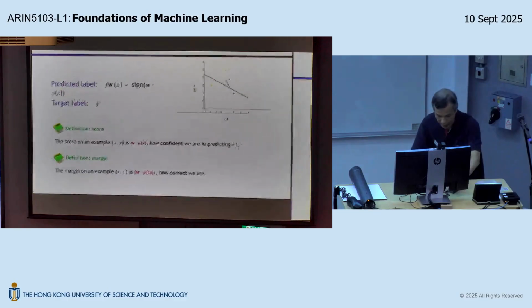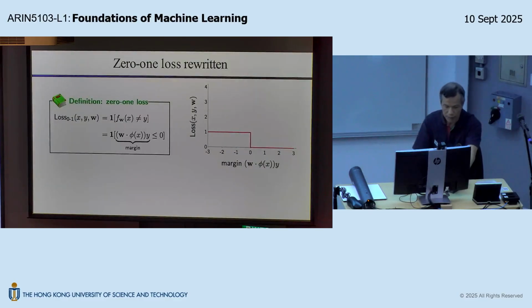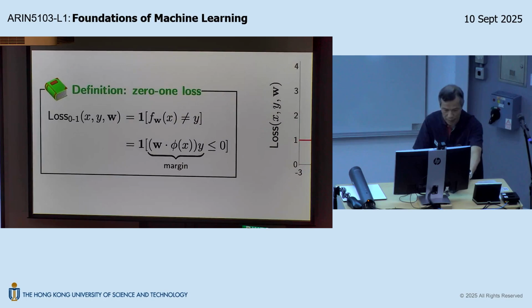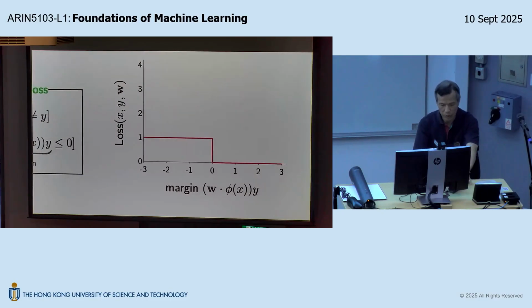It can be easily seen that the 0-1 loss that we talked about earlier can be rewritten like this. Basically, it is the margin compared with 0, and then the indicator function. Or we can simply use this diagram.